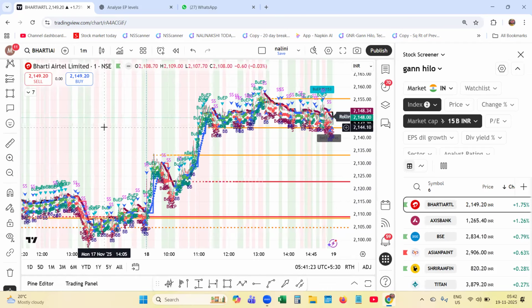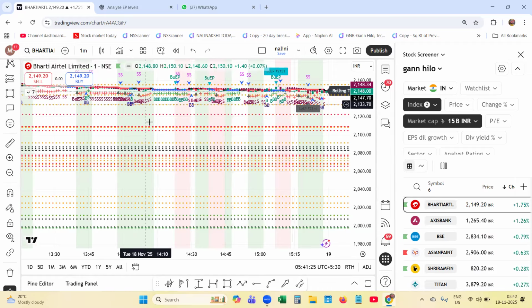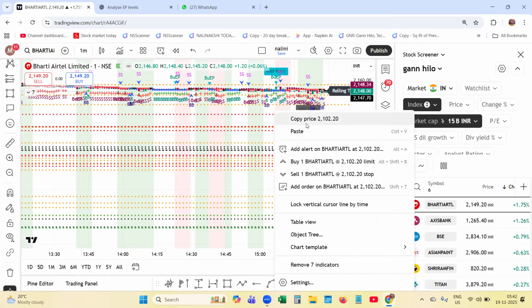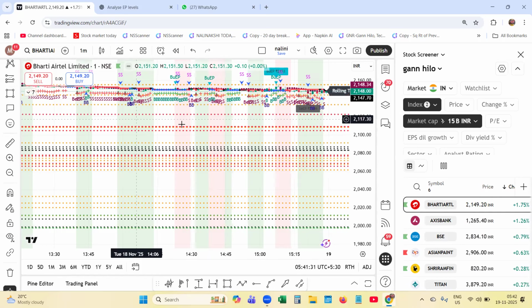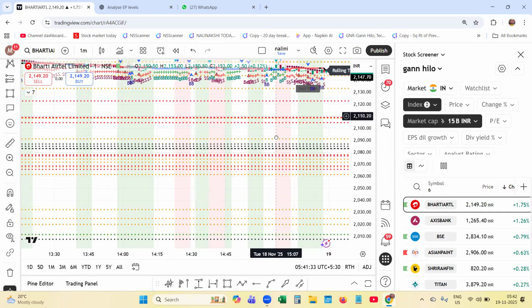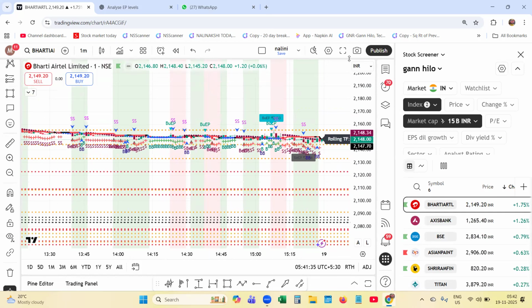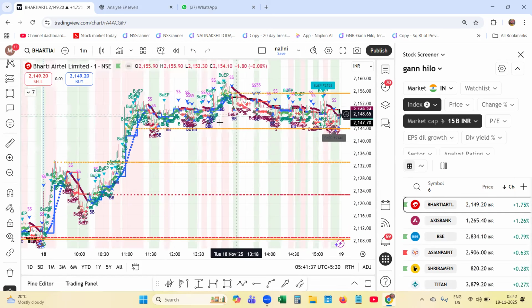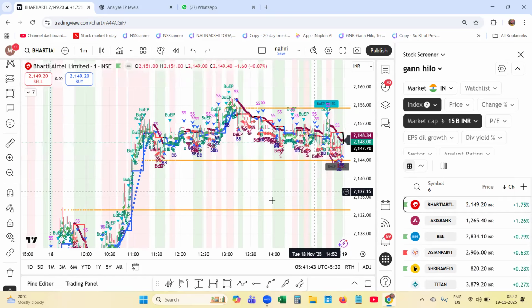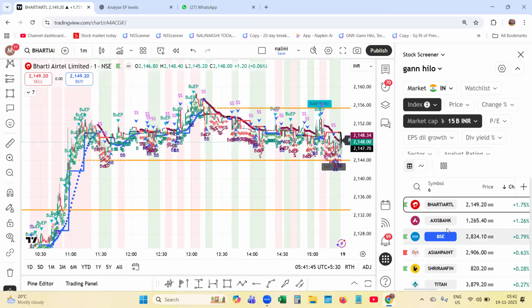This is purely a short covering rally. Purely a short covering rally on the Bharti Airtel, because it popped above that.